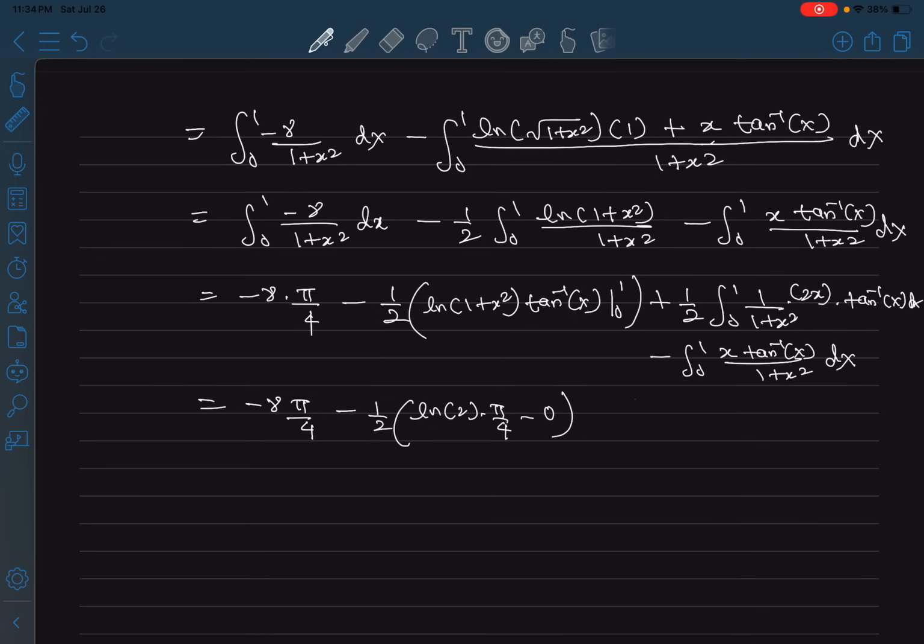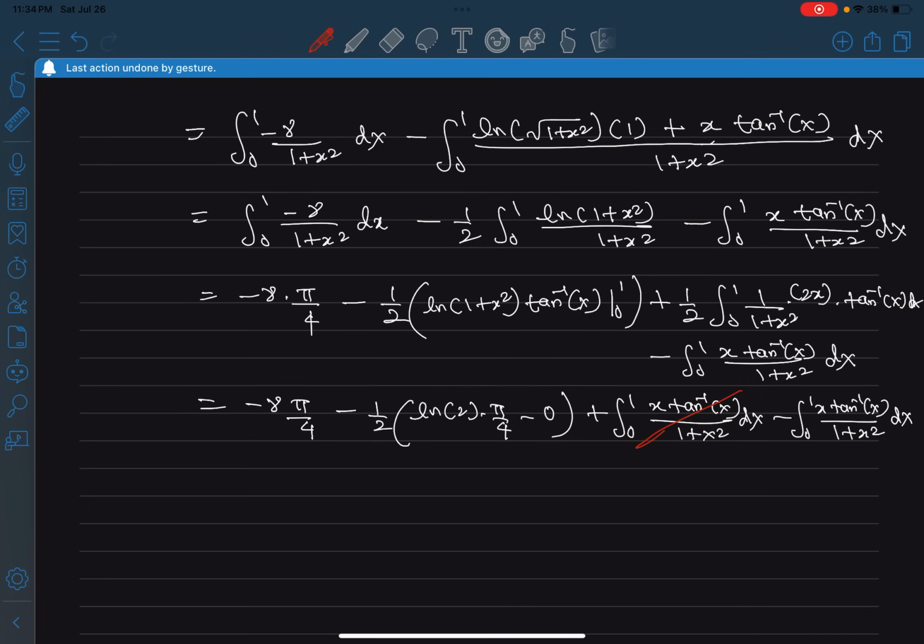Okay, and now this thing is just plus integral from 0 to 1 x tan inverse x by 1 plus x squared dx minus integral from 0 to 1 x tan inverse x by 1 plus x squared dx. And notice that these two are the same and they cancel out. That's actually a pretty interesting and good thing.